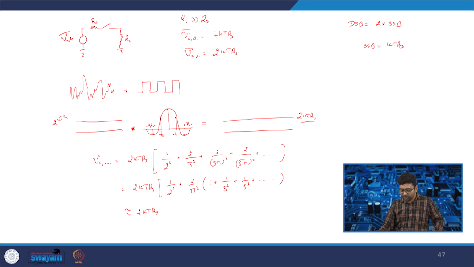So, this is how the noise can be calculated. This is for 2 sideband, so the 2 sided output spectrum is equal to kTRS, and the one sided spectrum is 2 kTRS, and double sideband is considered as twice of that.